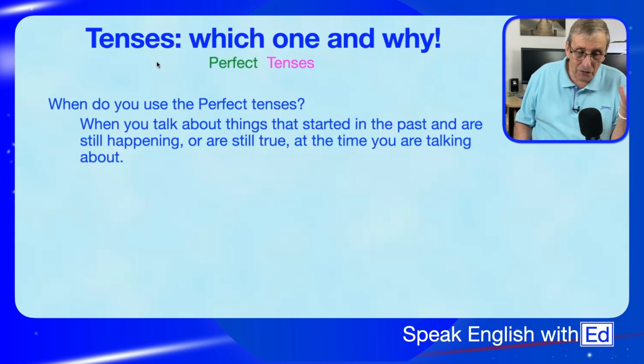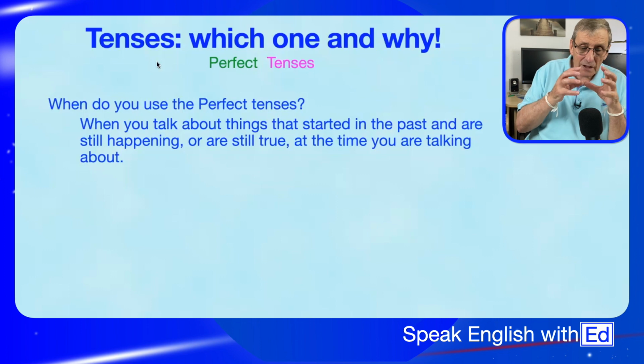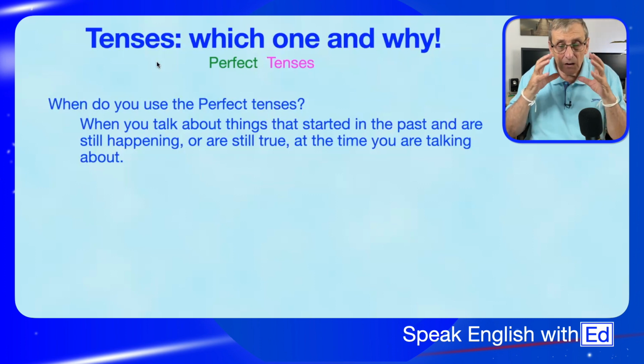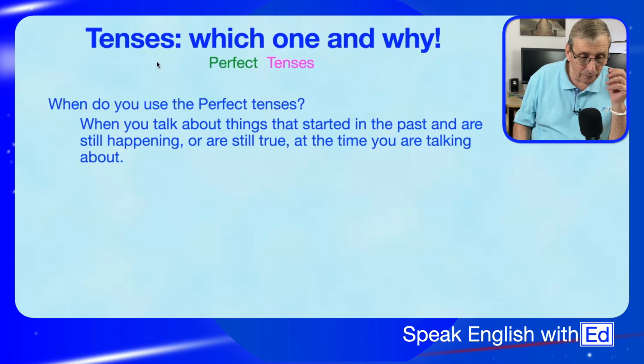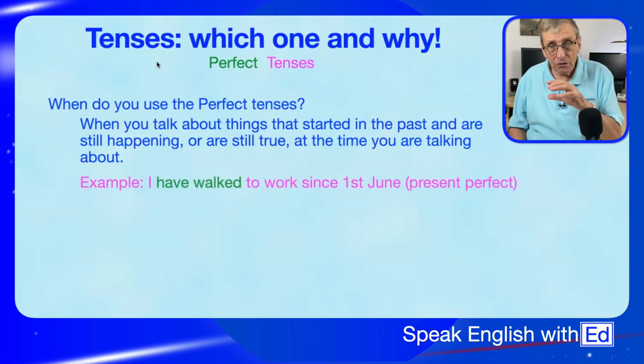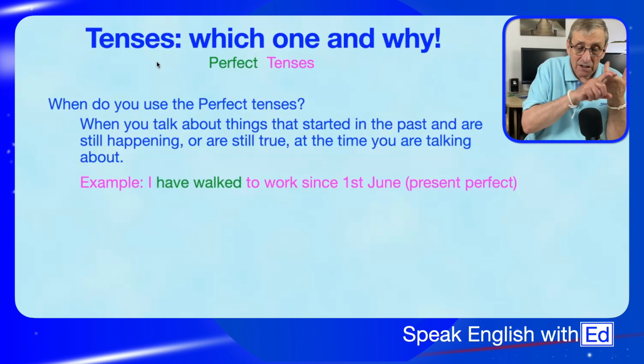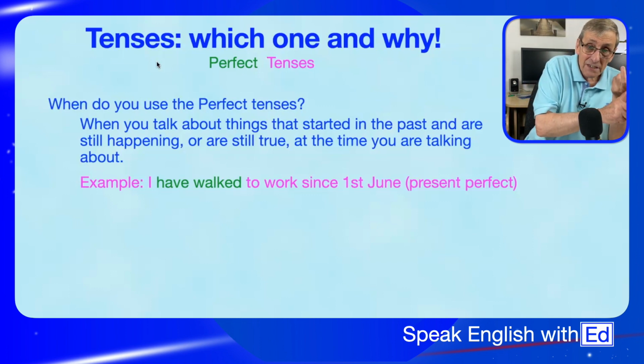But perfect tenses talk about something that started in the past and they're still happening or are still true at the time, the period that you're talking about. For example, I've walked to work since June the 1st. Now this means that I started to walk.